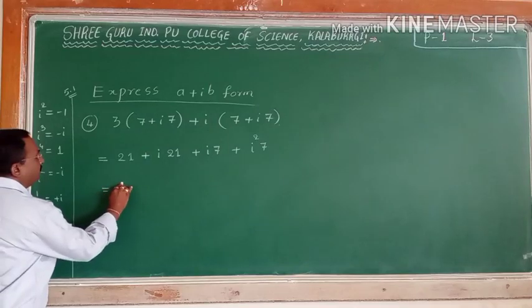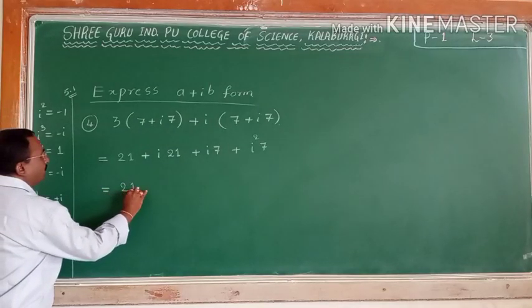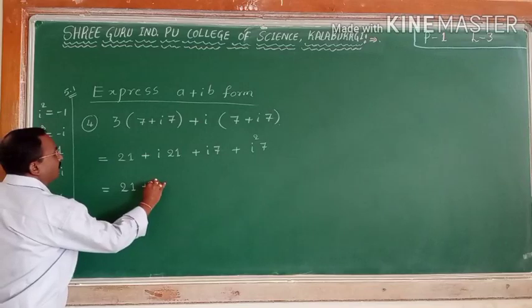So it is equal to 21 plus i 21 plus i 7.